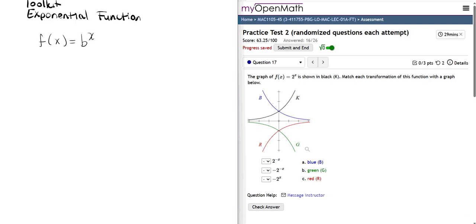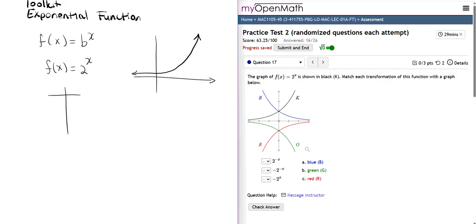So if it's 2 to the power of x, let's say it's 2 to the power of x, right? Then it's going to look like this.